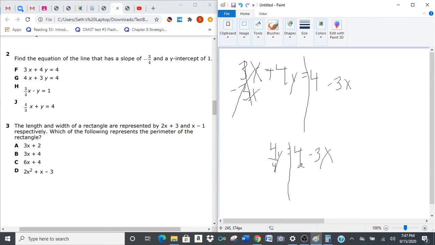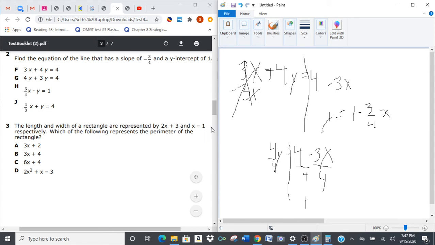So what's 4 divided by 4? It's 1. And -3x divided by 4 should be -3 over 4 x. You can just turn it into a fraction. So y equals 1 minus 3 over 4 x. Now, luckily, this is our answer because it's the first one we did.